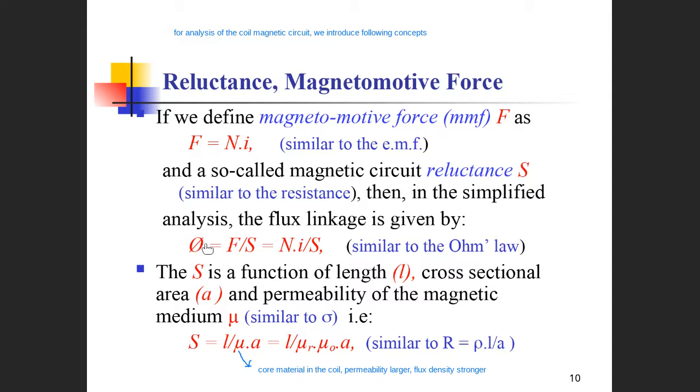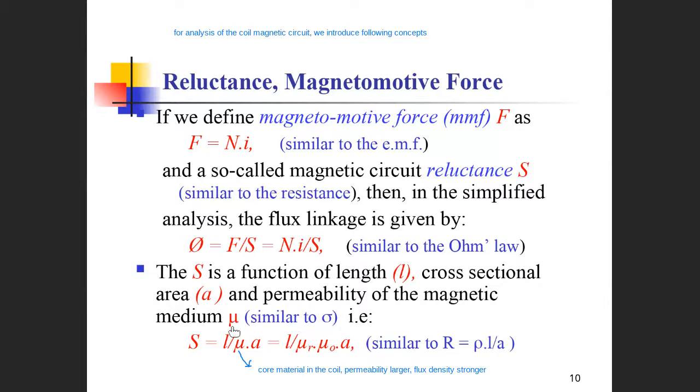Look at here, we produce flux here. If the current doesn't change, the smaller the reluctance, the stronger the flux inside. For the reluctance, the bigger the permeability, the smaller the reluctance, and the stronger the field here.